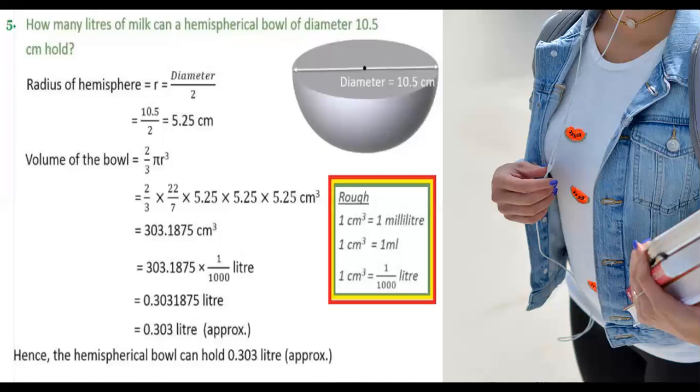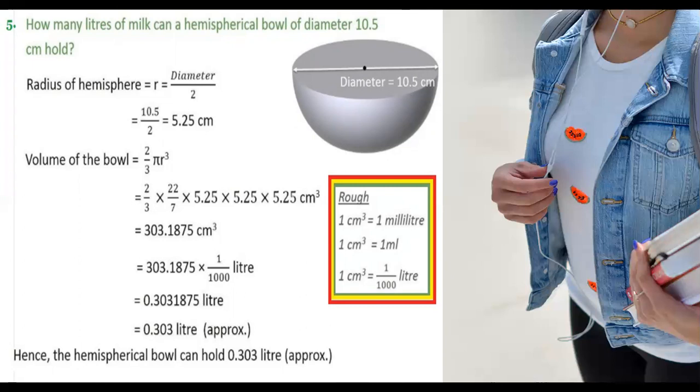So we need to find the volume of the hemisphere in liters. Volume of hemisphere is 2 by 3 pi r cube. First we need to find the radius. Here the radius is diameter by 2, that is 10.5 by 2, which is equal to 5.25 centimeters.